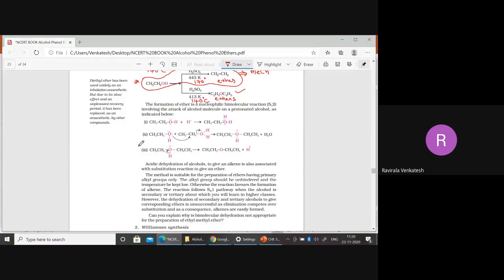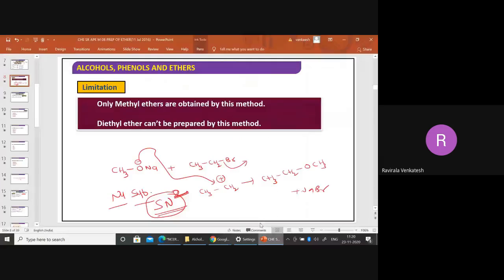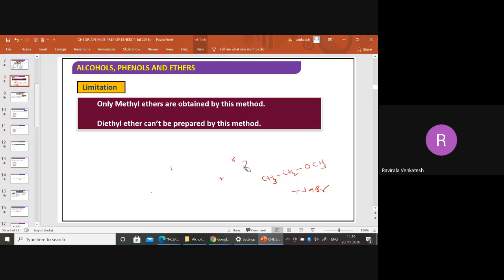Now I will make the mechanism here on this paper. At low temperature, 140 degrees Celsius, we get ether.